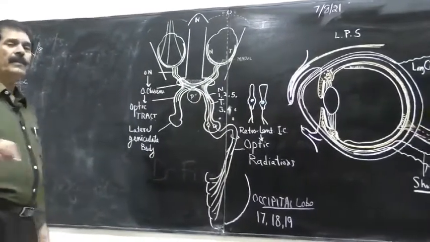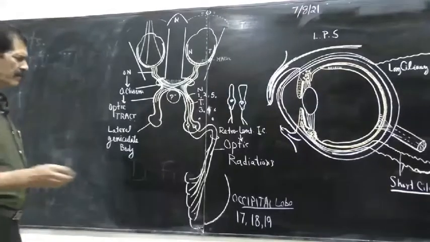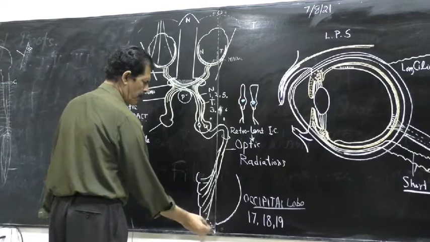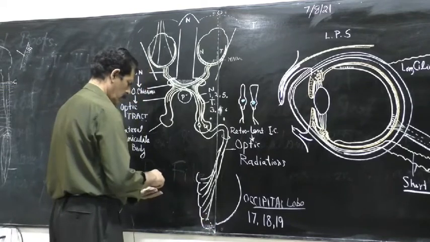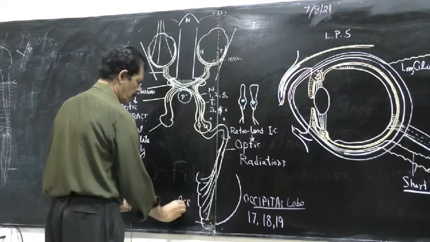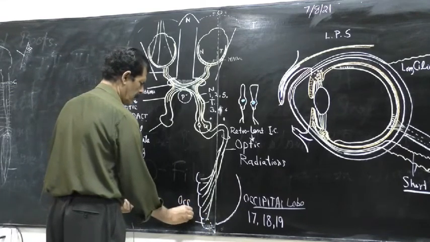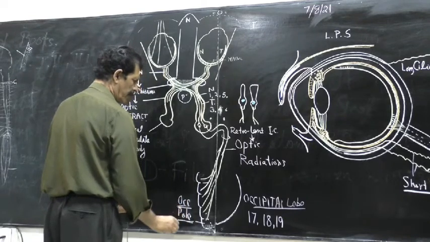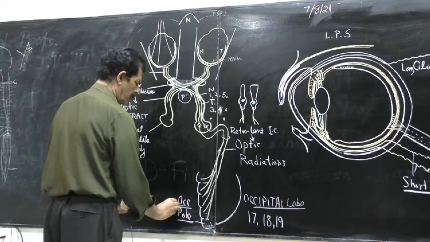Now the nasal fibers are reaching the macula part, and the macula part is lying in the occipital pole. So occipital pole contains macular fibers or macular vision, and this is area 17.